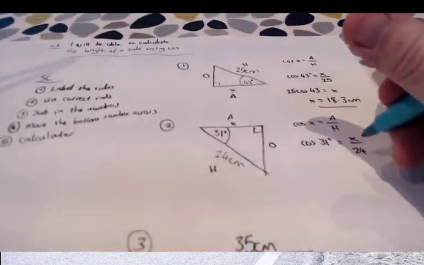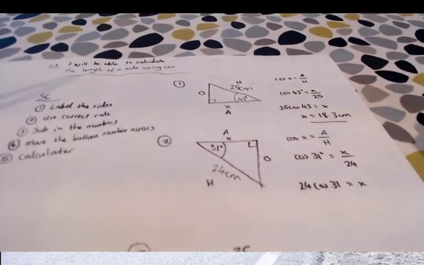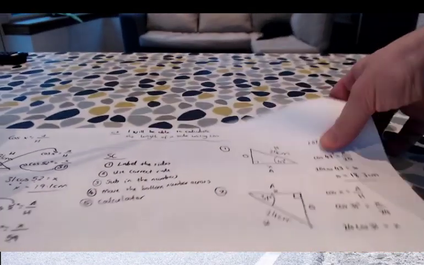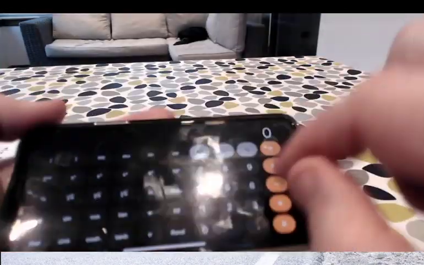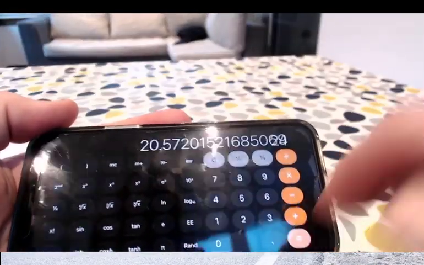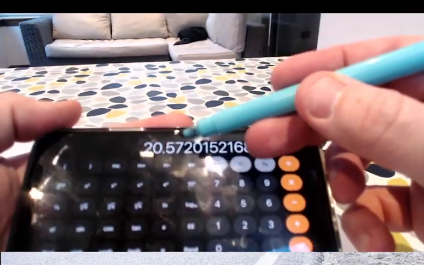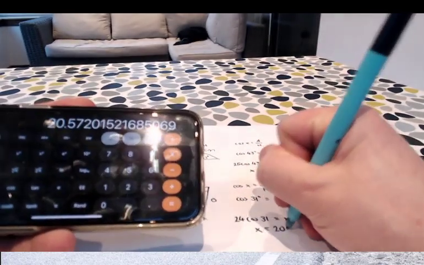I'm going to take the 24 to the other side. 24 cos 31 will equal x. Calculator, remember, we're going to do this in reverse. So it's going to be 31 cos times 24. 20.57, the 7 rounds the 5 up one number. 20.6.